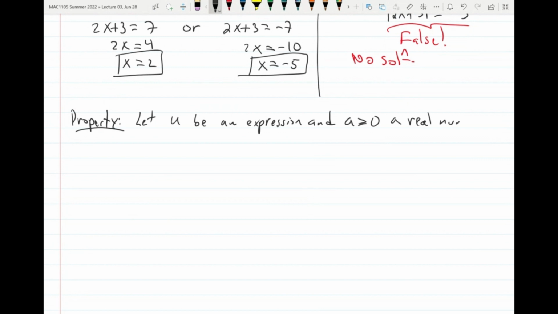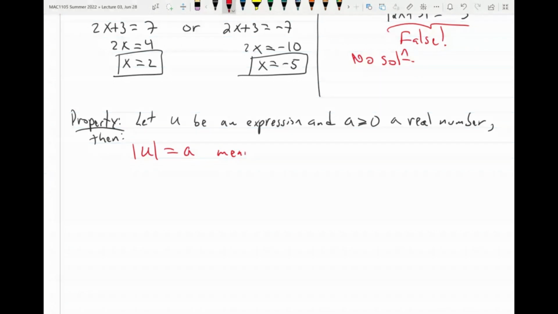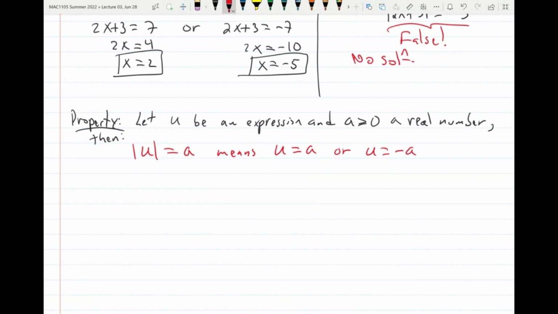Then the absolute value of U equals A means that U is either A or negative A. So that's the idea you use. You have this kind of statement, that's how you break it up. You get two equations from there.